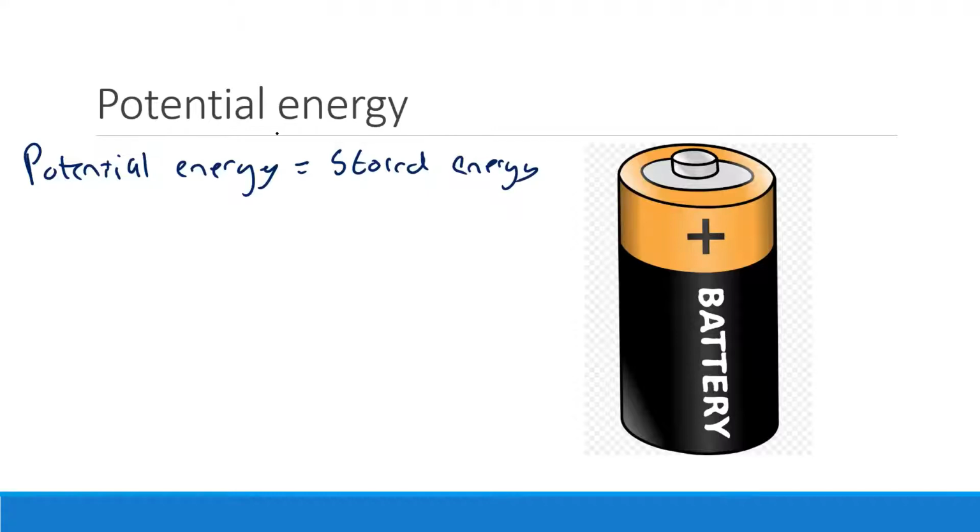Potential means it can do work. So potential energy means it can, it doesn't have to, but it can do work.